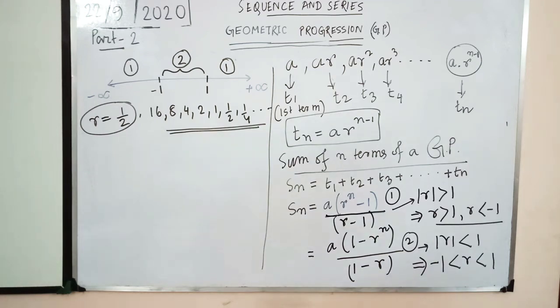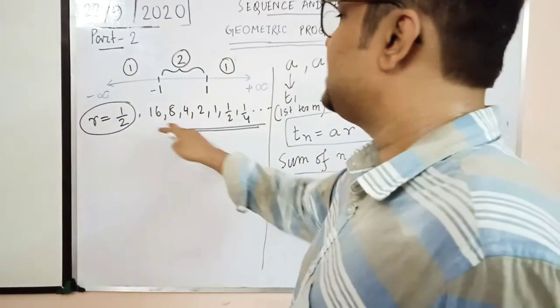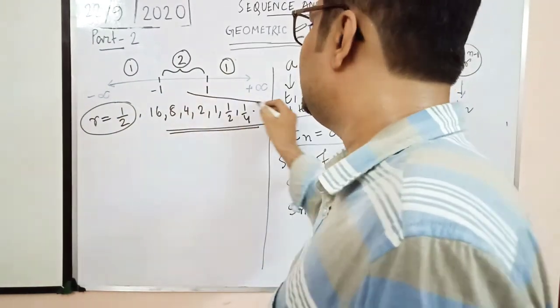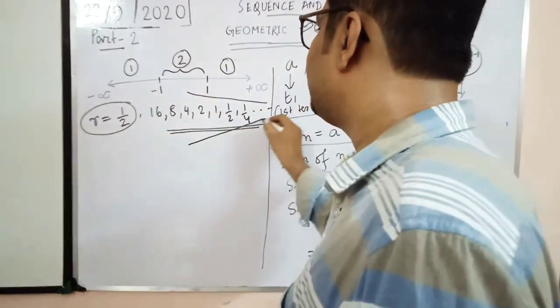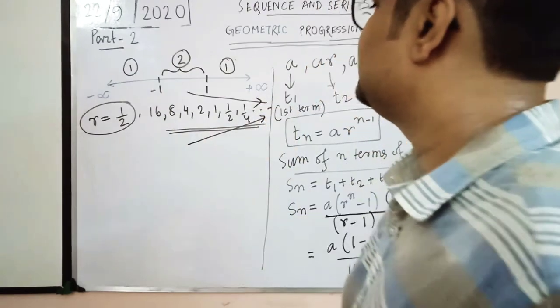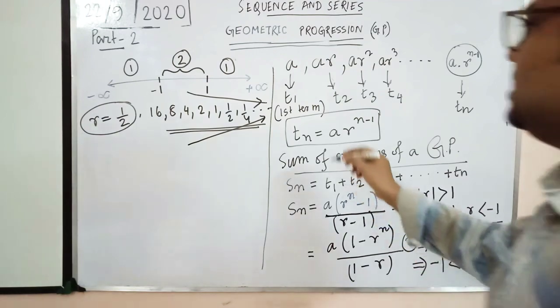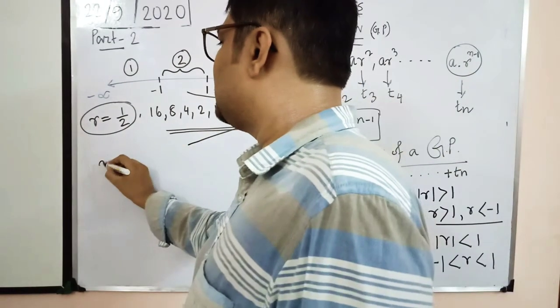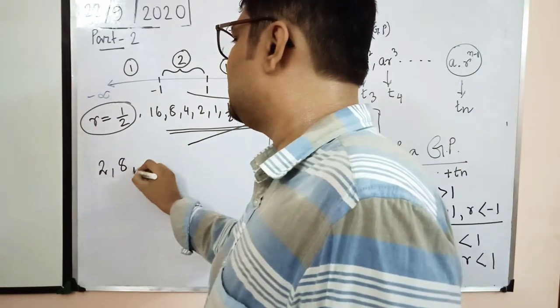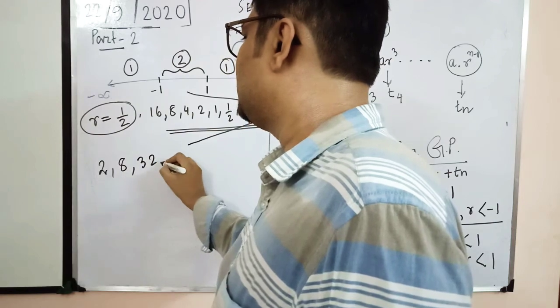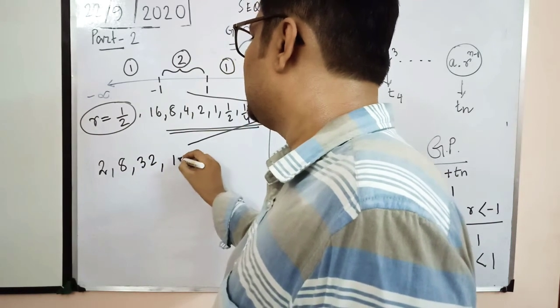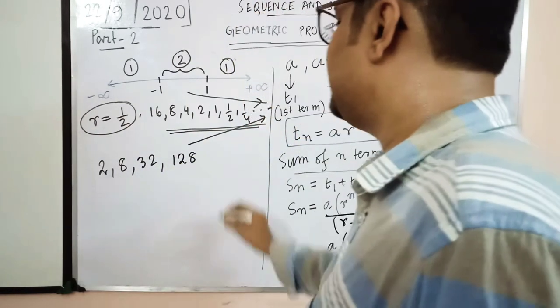Now after this, I'll tell you two different things. Look at this kind of series, which is actually decreasing as it proceeds. And there are series like this also, which I wrote previously and erased, say 8, then 32, then 128, like that.